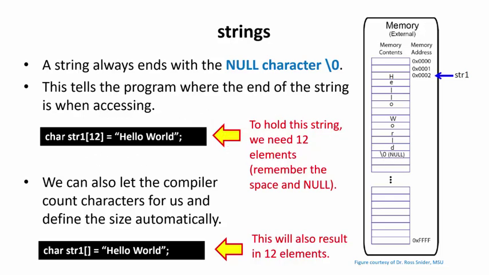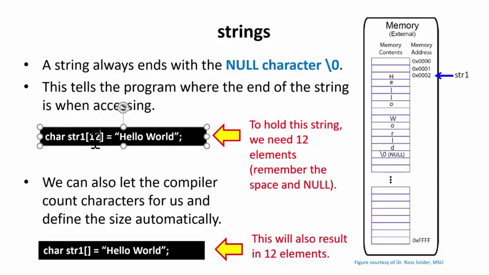If I'm going to create a char, or a string, excuse me, I'm going to give it a name str1. The type of it is still char, so each element within the string is still of type char, but it has a size to it. So the way that you tell it that this is going to be a one-dimensional array or a vector is by putting these square brackets and then inside of them telling it how big it is.